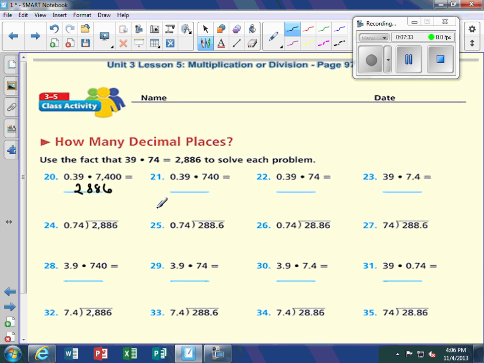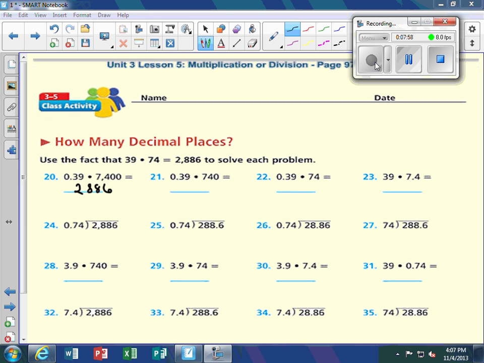And you know that you're multiplying 0.39 times 7,400. So it's 39 hundredths of that. So your answer is going to be either larger or smaller than 2,886. What do you think? Actually, I should say larger, smaller, or equal to.